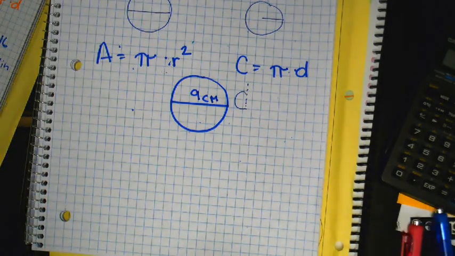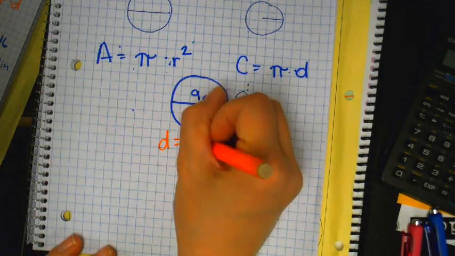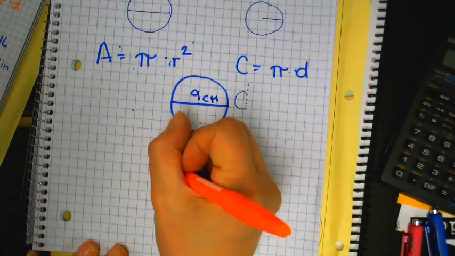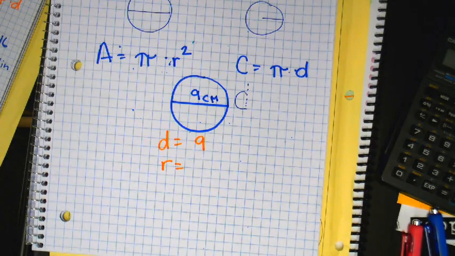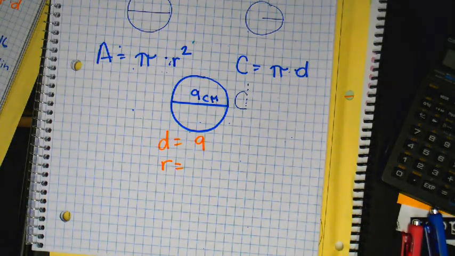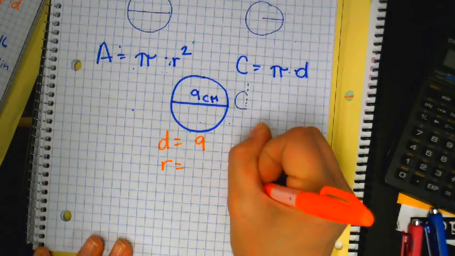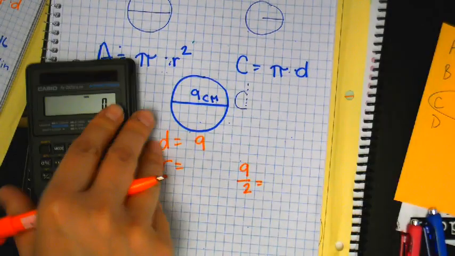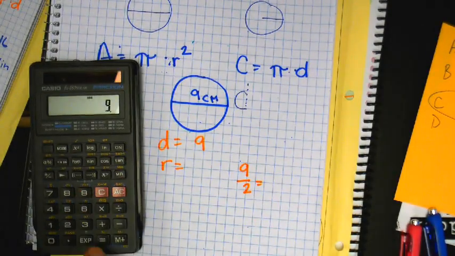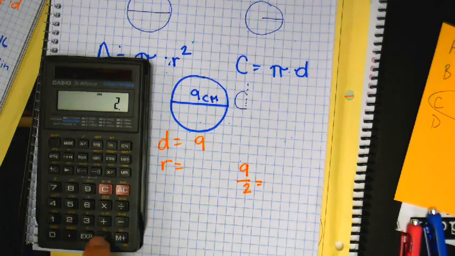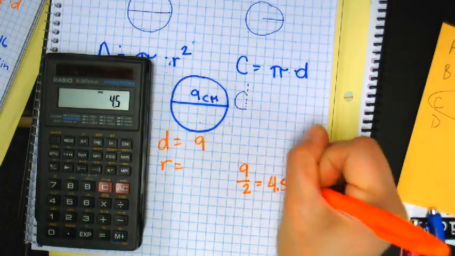Diameter. So the diameter is equal to 9. What's the radius equal to? 4.5. Yes. How did we get that? Yeah, it's half. So if you take 9 divided by 2 with your calculator, if you must, we get 4.5. So that's our radius.